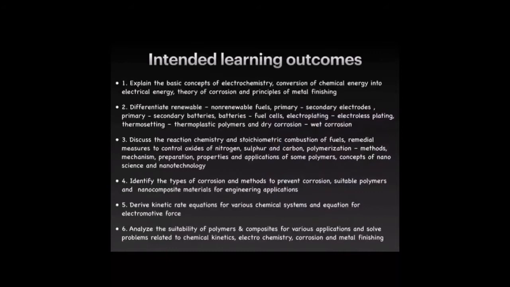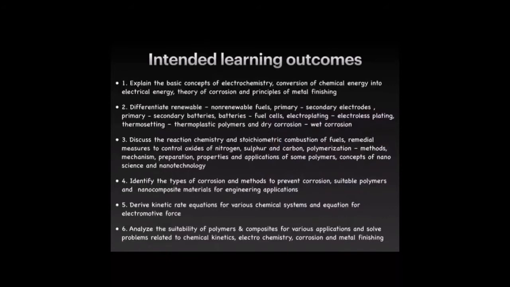You should be able to discuss the reaction chemistry and stoichiometric combustion of fuels, remedial measures to control oxides of nitrogen, sulfur, and carbon, the polymerization methods, mechanism, preparation, properties, and applications of some polymers, and concepts of nanoscience and nanotechnology. You should be able to identify the types of corrosion and methods to prevent corrosion, and suitable polymers and nanocomposite materials for engineering applications.